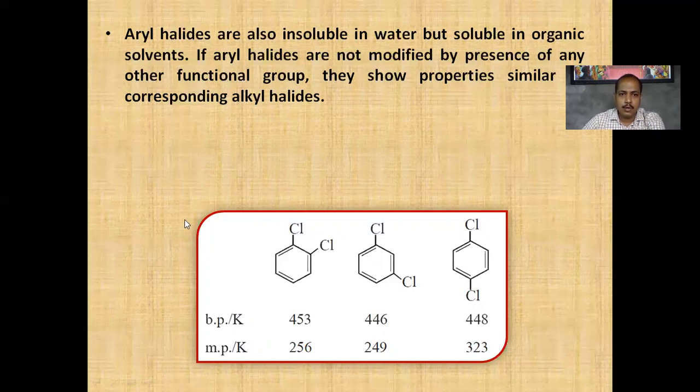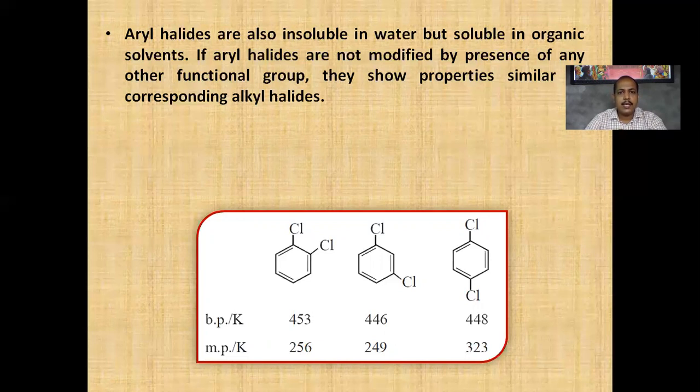Okay, so in this session we have studied the physical properties of alkyl halides. In that we have seen that the bond present between carbon and halogen is polar.